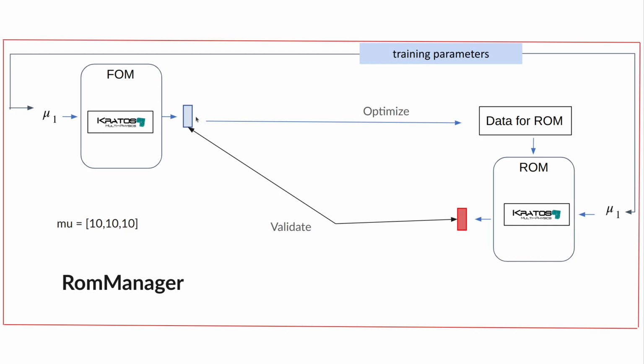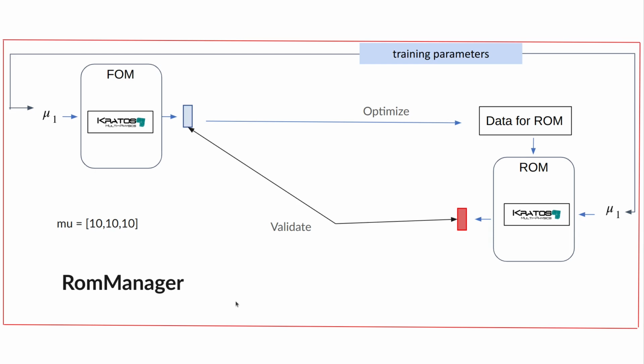Then it went and optimized inside the ROM manager and created this ROM. The same mu vector 10, 10, 10 was passed to the ROM, and then a vector was obtained. And inside the ROM manager, when we used the print errors, it showed us the validation, that is the difference between this and this vector. So the one from the FOM, the one from the ROM, and that was of the order 1.2e-11.